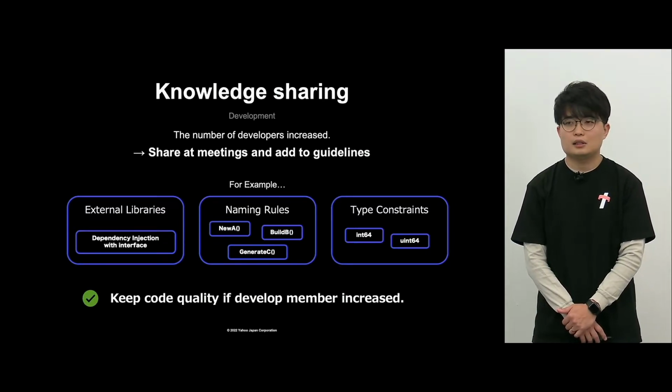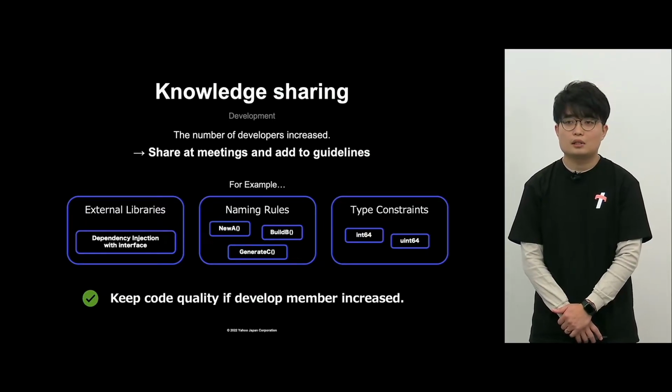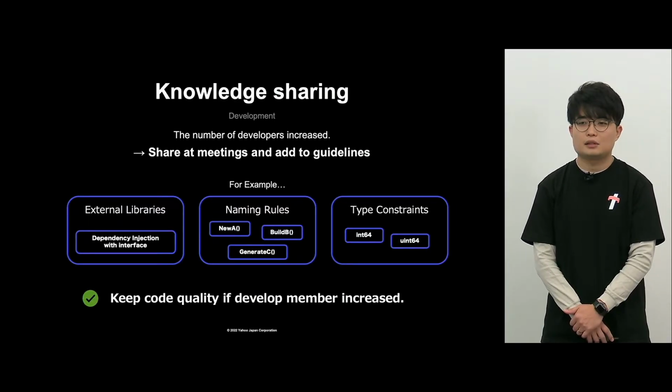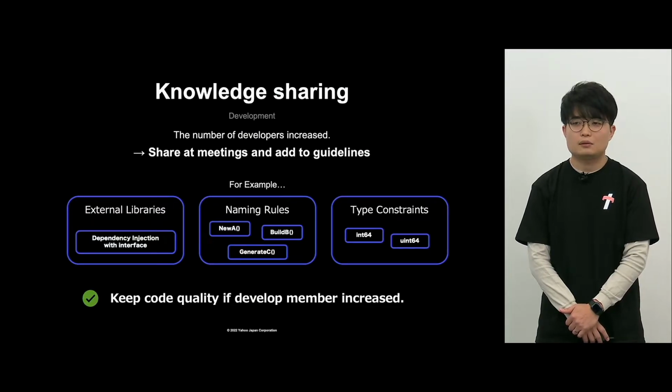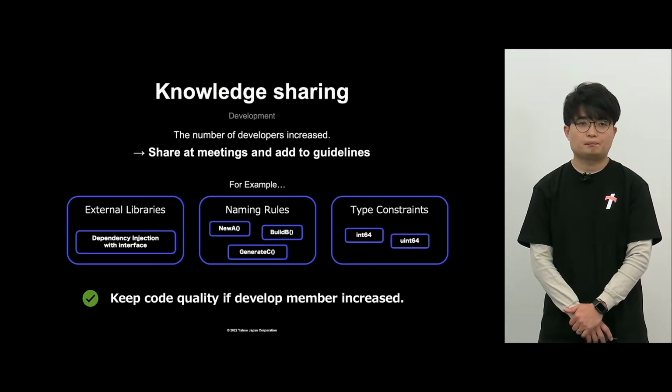They are very detailed, but with the guidelines, it's easier to review the code. And by creating guidelines based on knowledge sharing, even if we see an increase in the number of people, we can share the guidelines and also maintain the code quality.